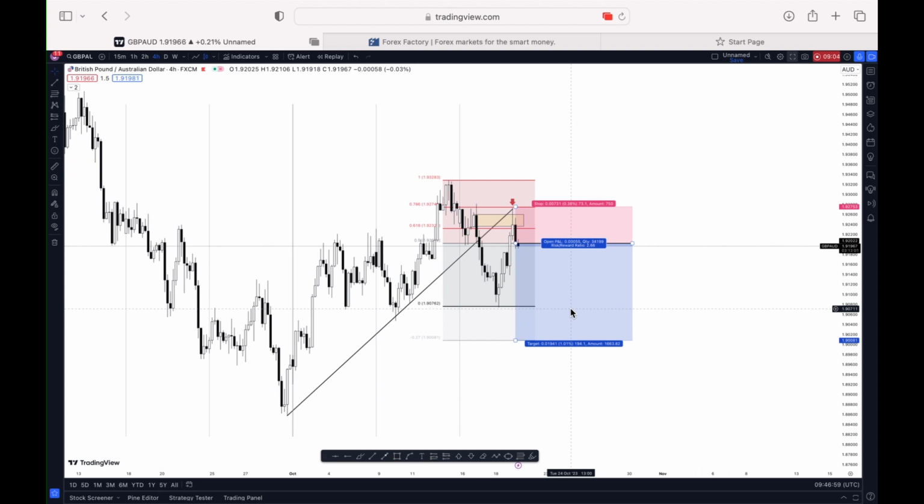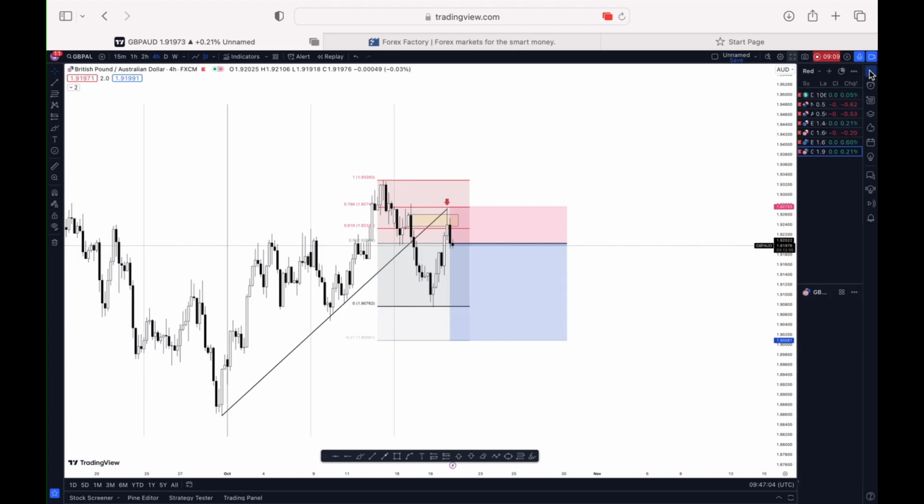The next thing that I'm currently looking at is US oil. For me, I don't really analyze US oil using TradingView. What I do is I move to my Exness web terminal, which I mainly use to do my analysis, because I'm seeing differences between brokers on TradingView and on my Exness.